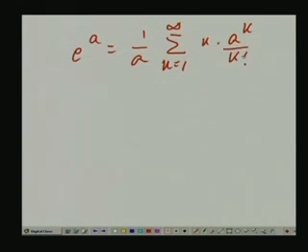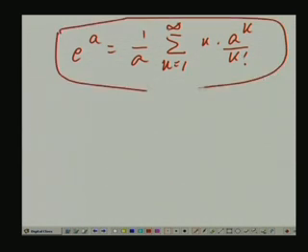If we differentiate it again, this is one result. And if I differentiate this again with respect to a, on the left hand side I get e to the power a as before.